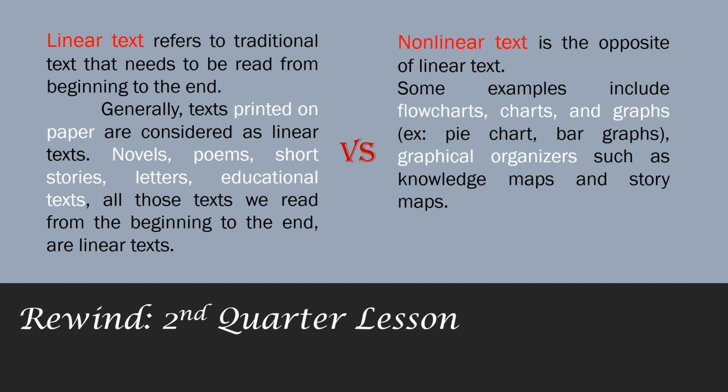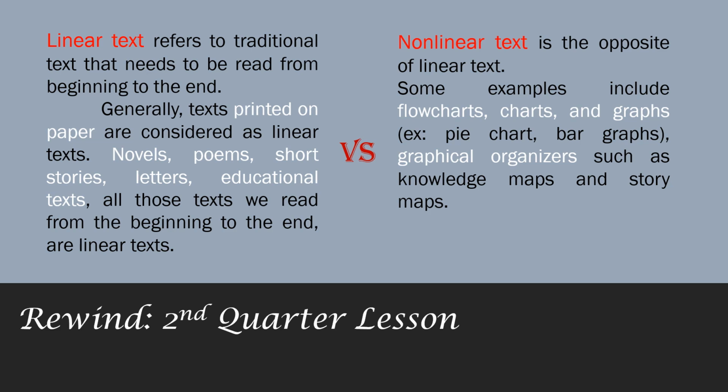Hindi natin kasi siya kailangang basahin from introduction to conclusion simply because wala siyang ganong part. Okay, halimbawa, chart or pinaka-paborito nating pie chart. Hindi mo naman ma-identify sa pie chart kung alin ang simula at kung alin ang katapusan. So, you'll just look at the data and then get the information that you need from the data inside a pie chart. So, yun ang pagkakaiba ng dalawa.